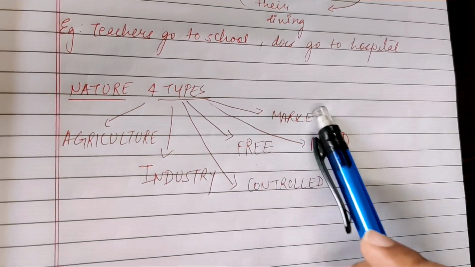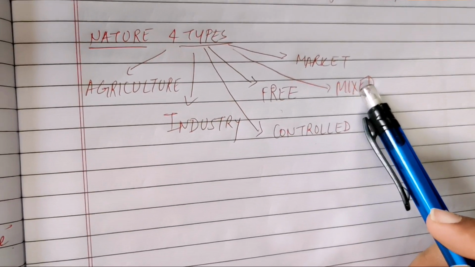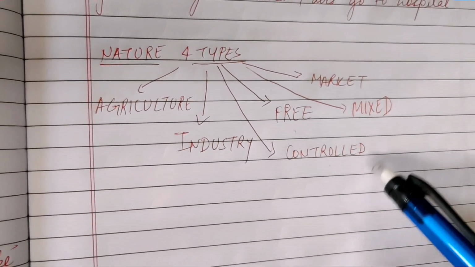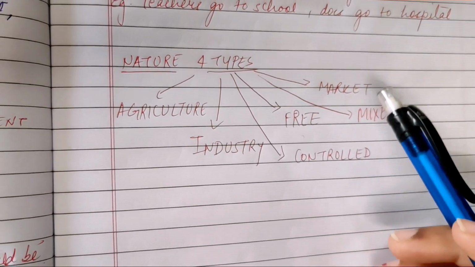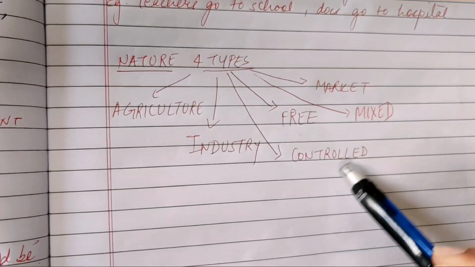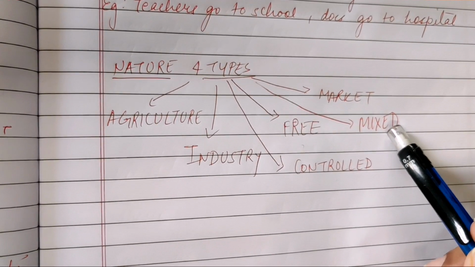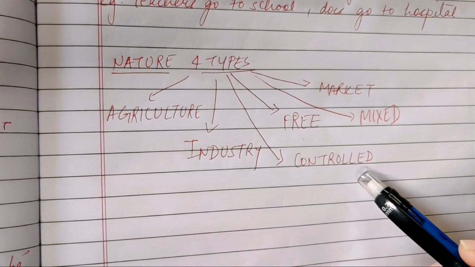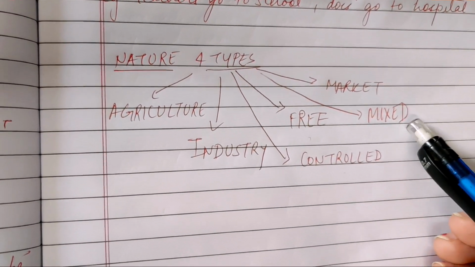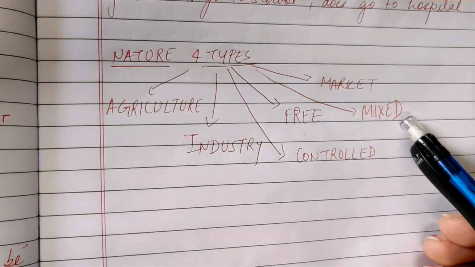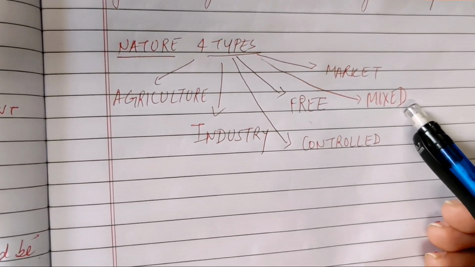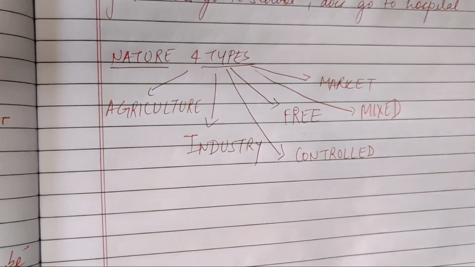Now, economies are also classified by different terminology, that is control, free, market, and mixed. Basically, control, market, and mixed are the very important ones. Control is basically for the private individuals, market is for the government, and mixed is where private as well as the government work hand in hand. These are the mixed economy.